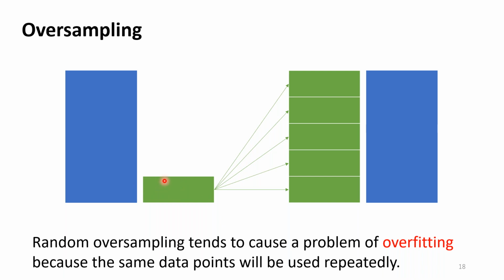And there are two popular methods of oversampling: random oversampling and the synthetic minority oversampling technique. Random oversampling randomly chooses data points in the minority class and duplicates them to balance the class distribution. This can create balanced data in a simple way. But random oversampling is likely to cause a problem of overfitting because the same data points will be used repeatedly in the learning process.